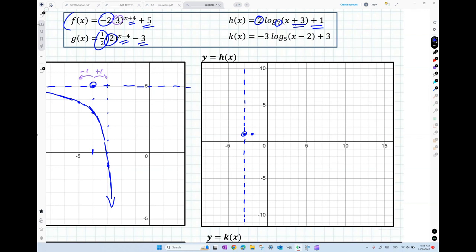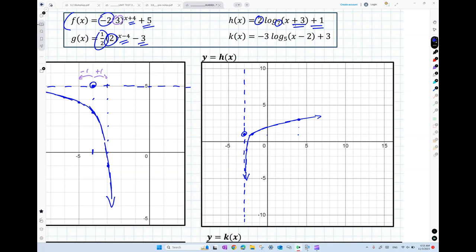So I'll go 1, 2, 3, 4, 5, 6, 7, 1, 2, and that would be enough to sketch something decent.